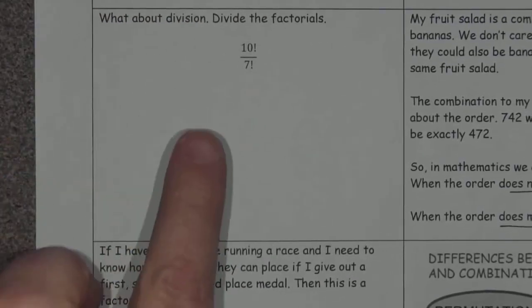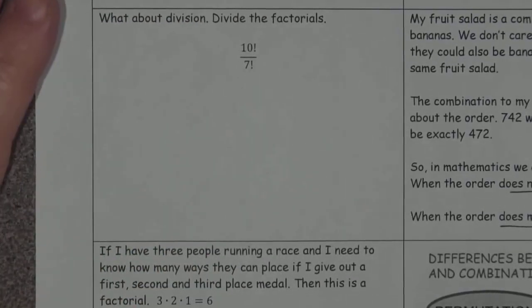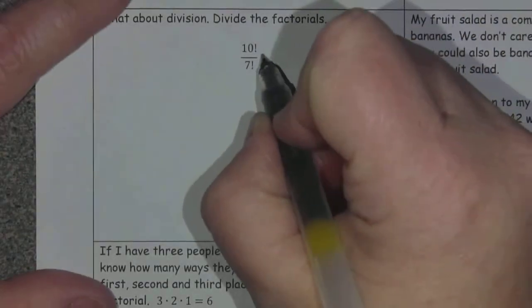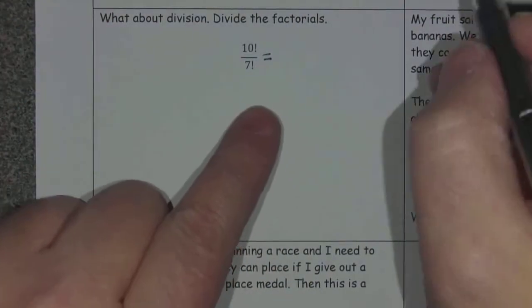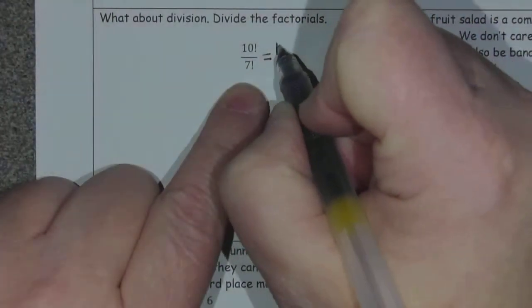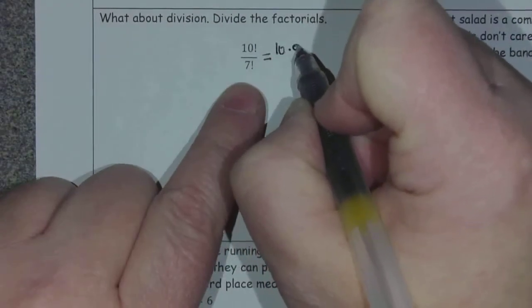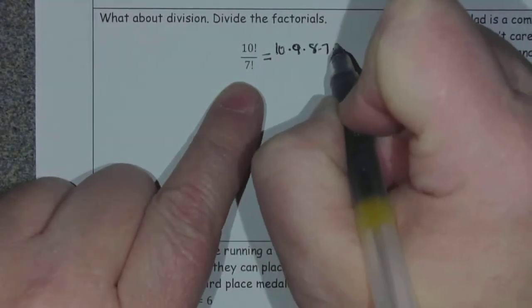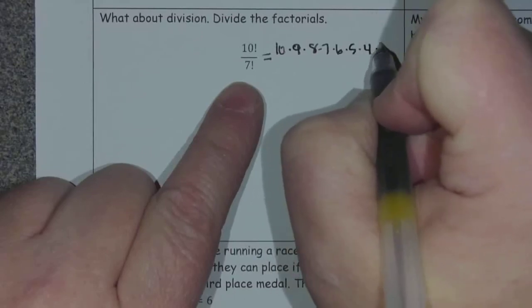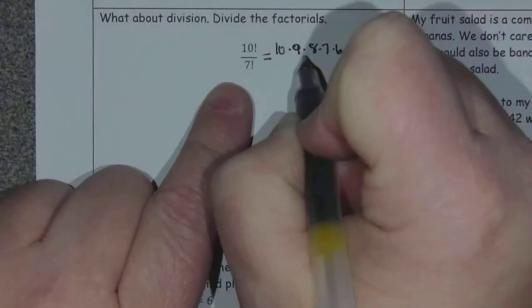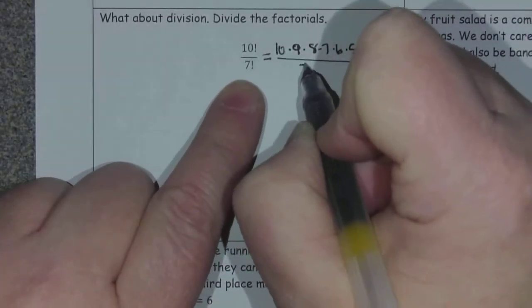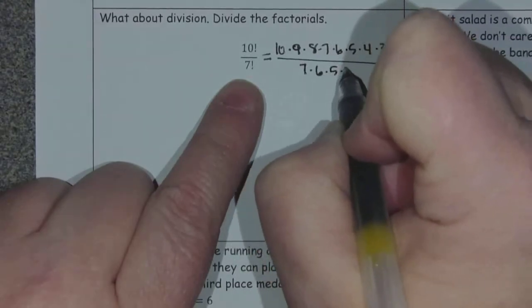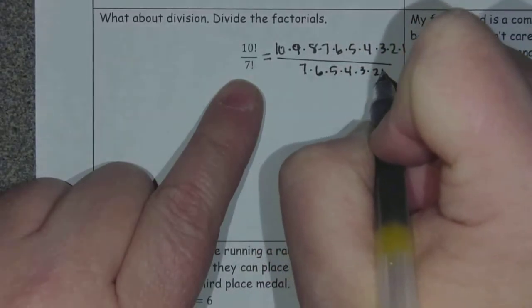So let's go back and do this one right here. Again, you guys, I'm going to do this by hand just so you know how it works, but you can punch this on your calculator while you're waiting for me. This would be 10 times 9 times 8 times 7 times 6 times 5 times 4 times 3 times 2 times 1. Then this would be 7 times 6 times 5 times 4 times 3 times 2 times 1.